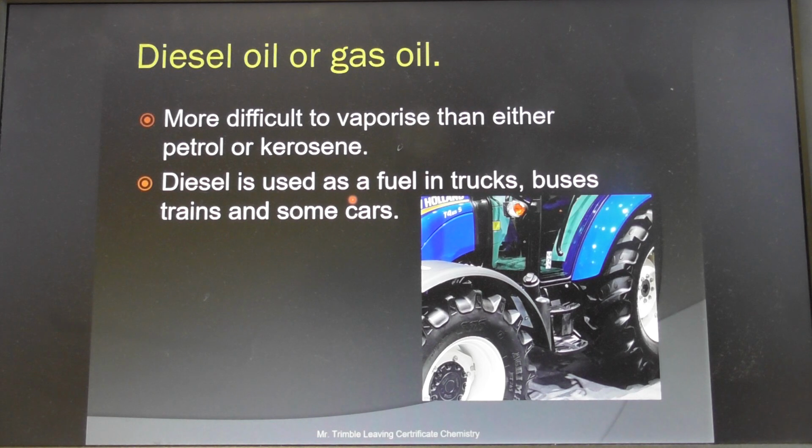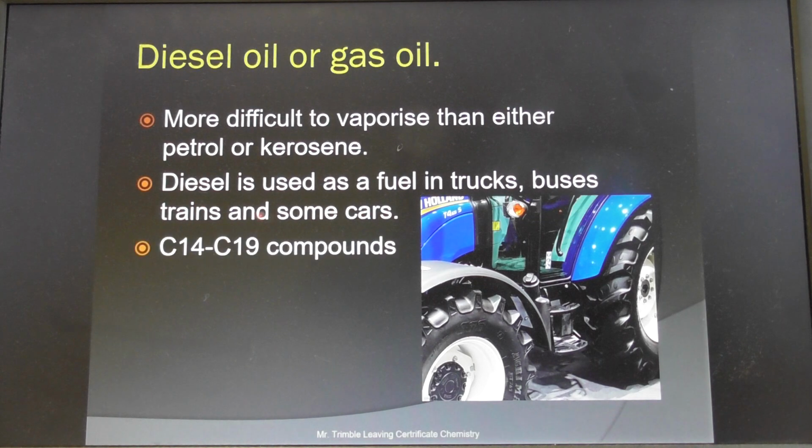But the problem is they do produce particulates, and particulates are a major issue in that they're damaging to lungs, and they cause smog and nitrogen oxides. So even though diesel was seen as an alternative, they're talking about increasing the tax on diesel cars now for that reason.